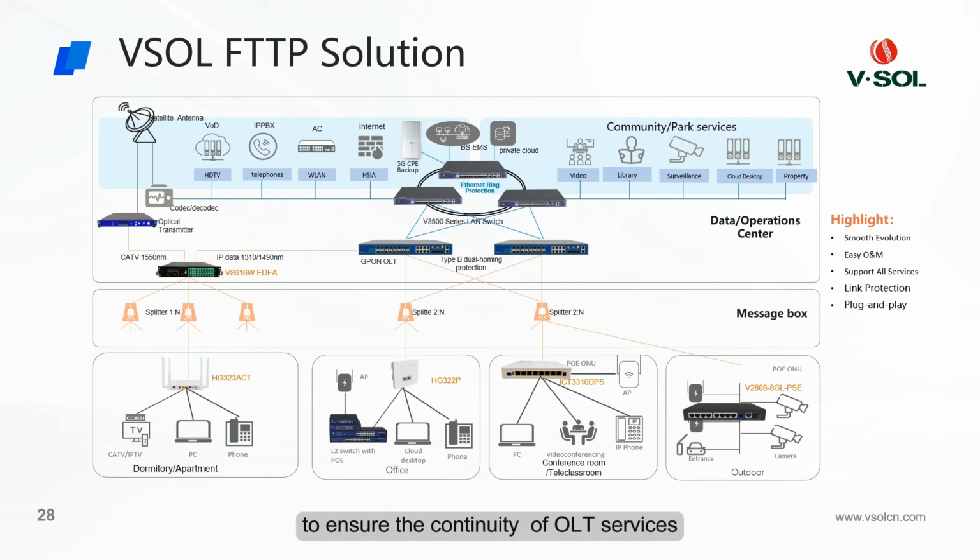of OLT services. CATV services are also combined with PON through an optical transmitter via EDFA and connected to HG323ACT for input to dormitory. In addition, for offices that do not require CATV, HG322P can be selected, which can provide network and voice services.